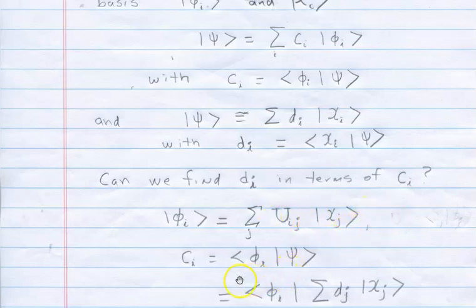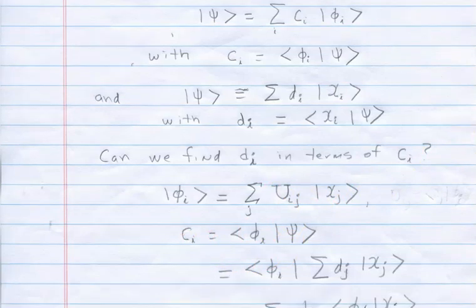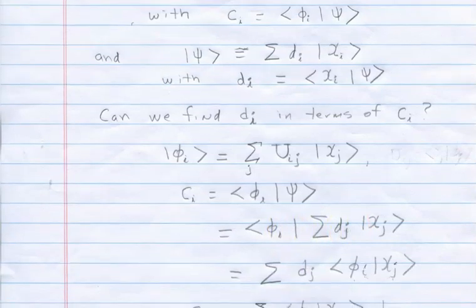However, I know that the c_i's are just the phi_i's projected onto any state here, and so I've got this general expansion in terms of d_i's, and I can take the inner product of these d_i's with the phi's here to get this expression.